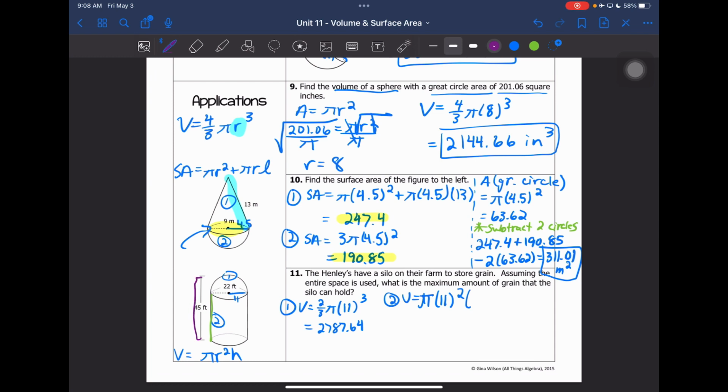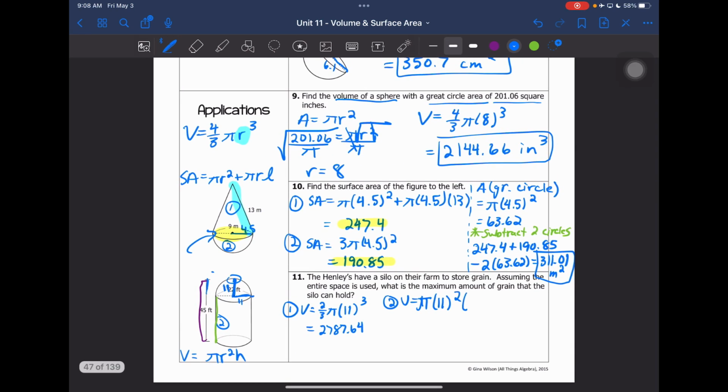So I just need to subtract this part, which would be 11, because we know that from the center to the edge is 11, and that would apply in any direction that you go, even if you're going up. So we just need to take 45 minus 11. That would give us 34. So our height is 34. And now we can find the volume by doing pi times 11 squared times 34.